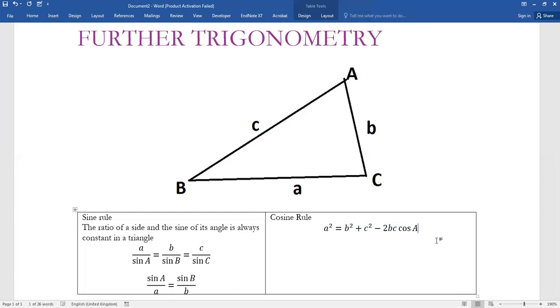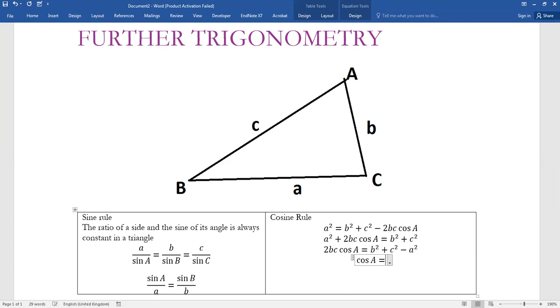Now you can just manipulate this entire thing and get your angle as the subject. How can you do that? Minus 2bc cos A. Remember, these four quantities are multiplying and it is subtracting over here. So if I take it on the other side, I can write it as a squared plus 2bc cos A is equal to b squared plus c squared. And 2bc cos A is equal to b squared plus c squared minus a squared.